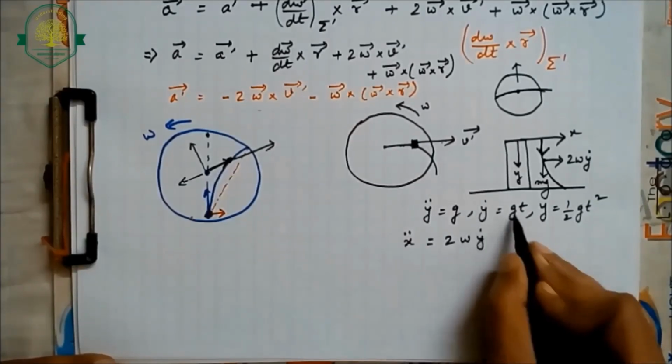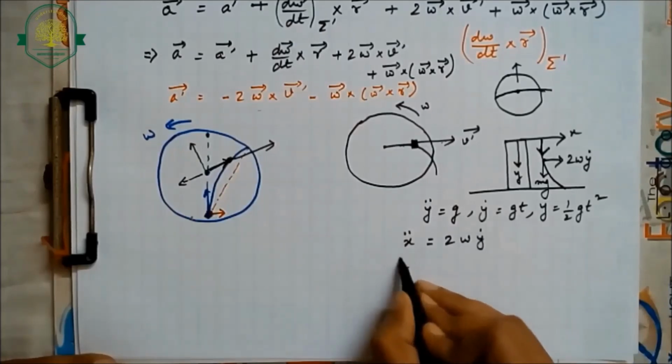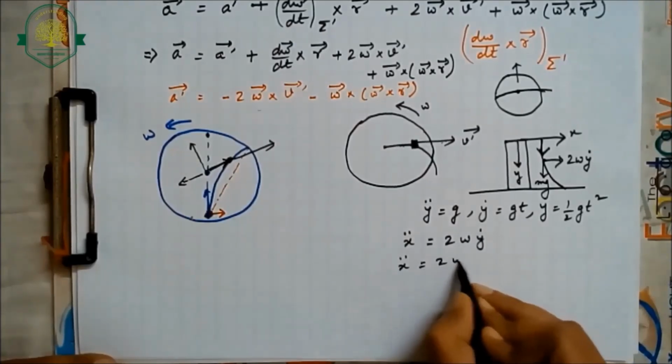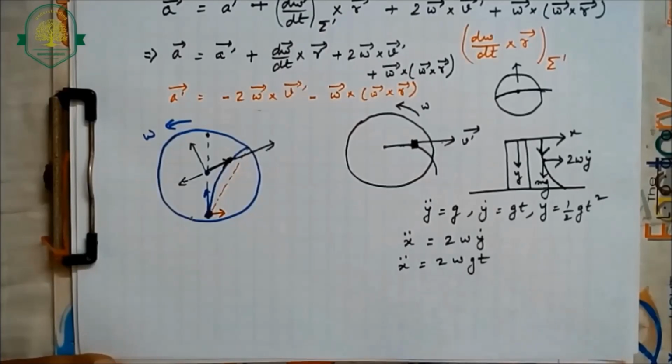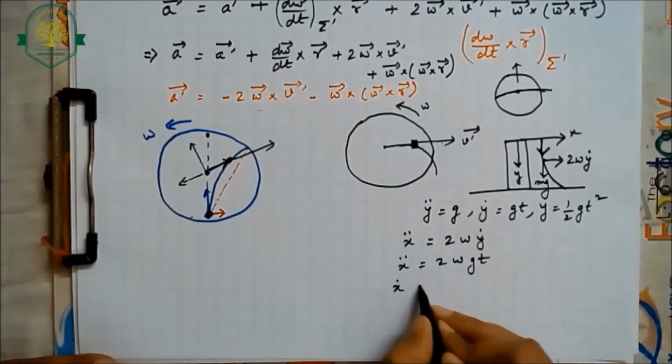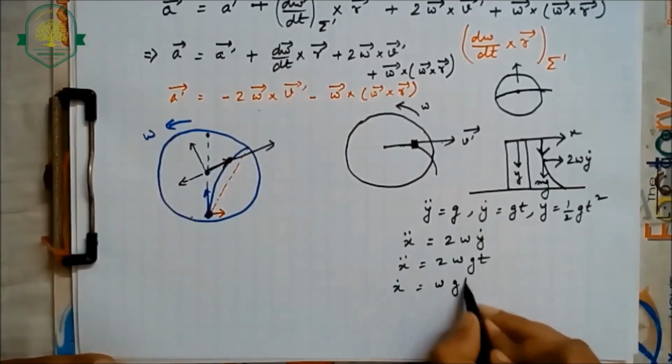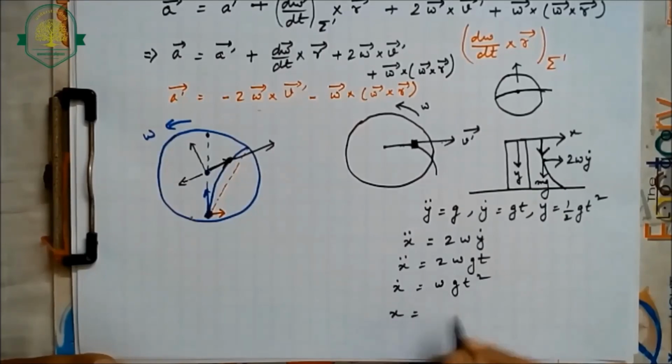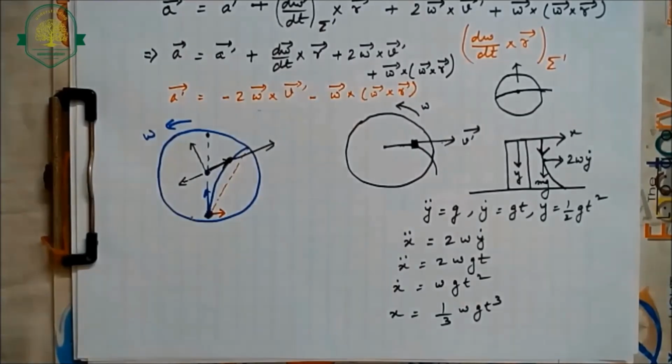In place of y dot, we can substitute gt, so x double dot is 2 omega gt. Therefore, x dot is omega gt squared. Therefore, x is 1/3 omega gt cubed. So this is a way by which we can measure the effects of Coriolis force.